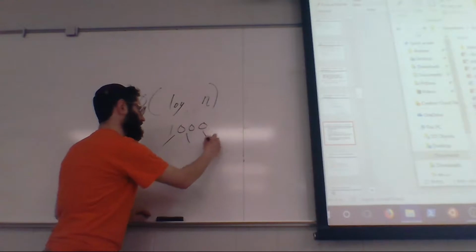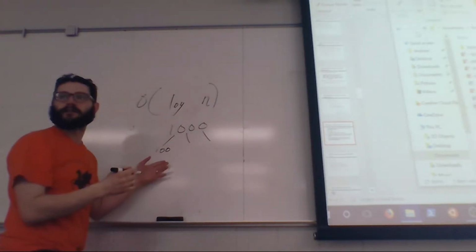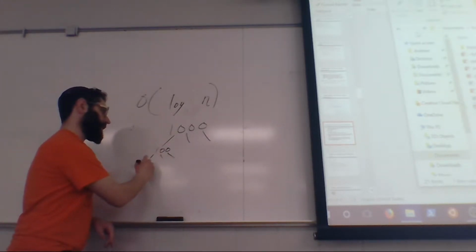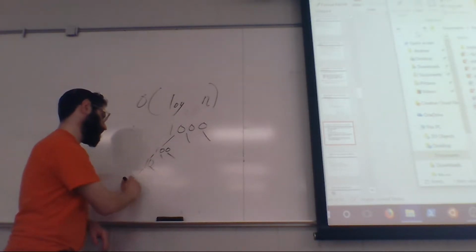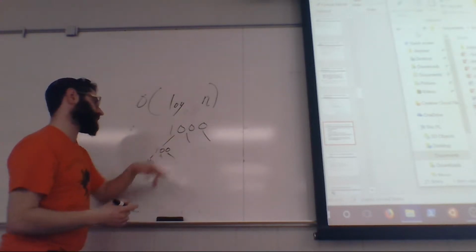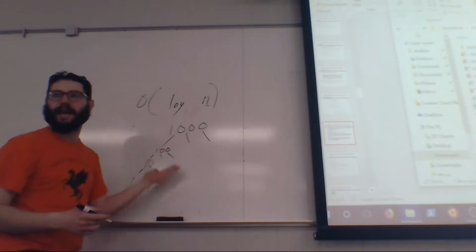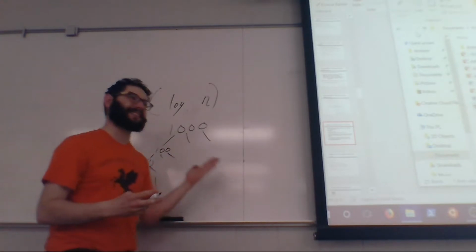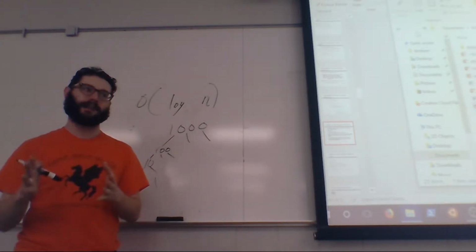So I can split 1,000 into 10 piles of 100 each, right? And I can split those hundreds into 10 piles of tens, right? And I can split those tens into 10 piles of ones. So at that point, I'm done, right? So I could do 1 split, 2 splits, 3 splits. And if you remember, 10 to the 3rd is 1,000. So that's a pretty intuitive way to think of logarithms without having to get our hands too dirty, right?